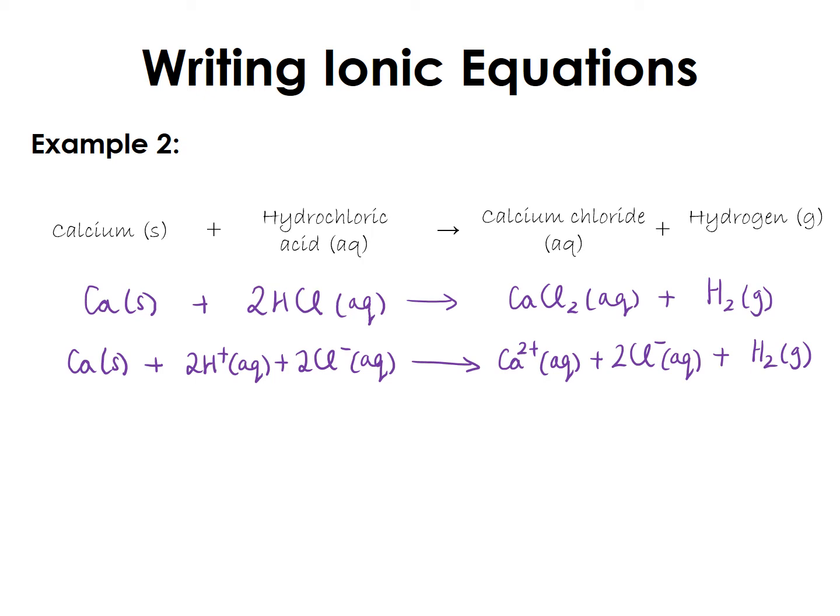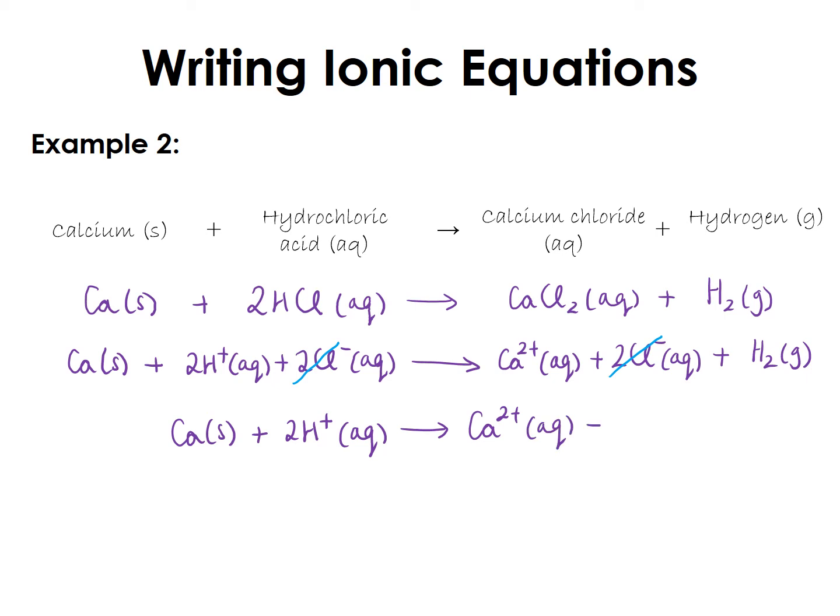So let's identify any spectator ions, and this time Cl- and Cl-, 2 of those on the left, 2 of those on the right. So this simplifies down to Ca solid plus 2H+(aq) reacts to form Ca2+(aq) and H2 gas.